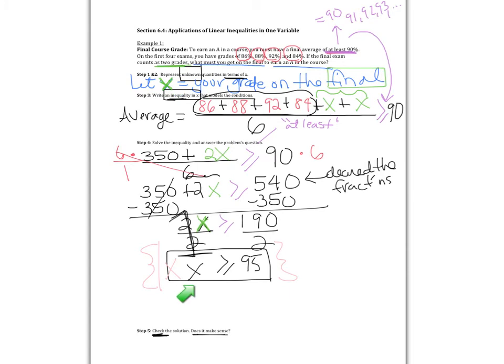Well, we just described x right here. We said x has to be at least 95. So you have to get a 95, a 96, a 97, a 98 on your exam.